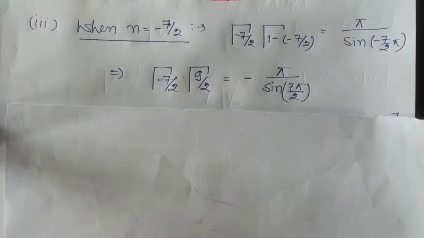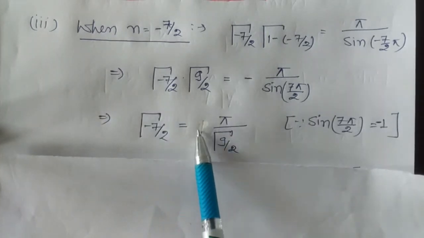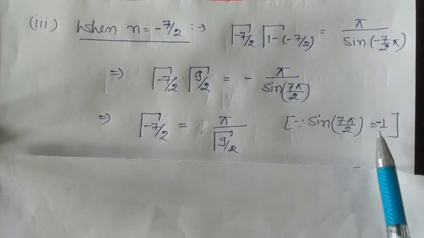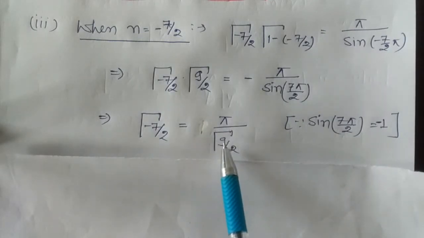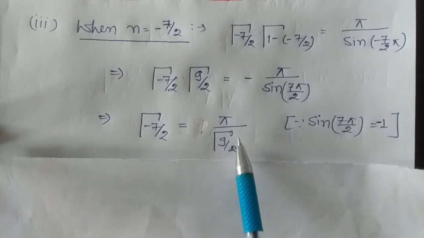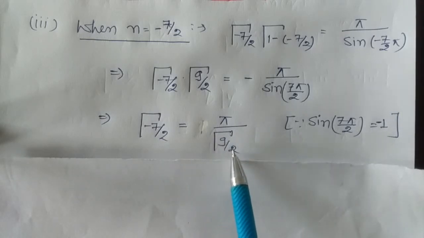We get gamma minus 7 by 2 equal to negative negative positive, as sine 7 pi by 2 is minus 1, and here we have in the denominator gamma 9 by 2. Now we expand gamma 9 by 2 using the relation gamma n plus 1 is n gamma n.